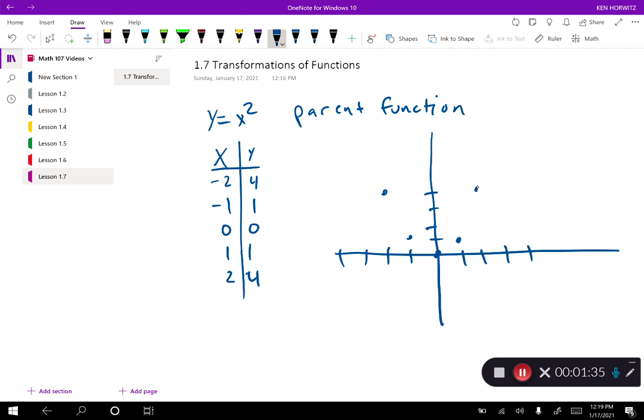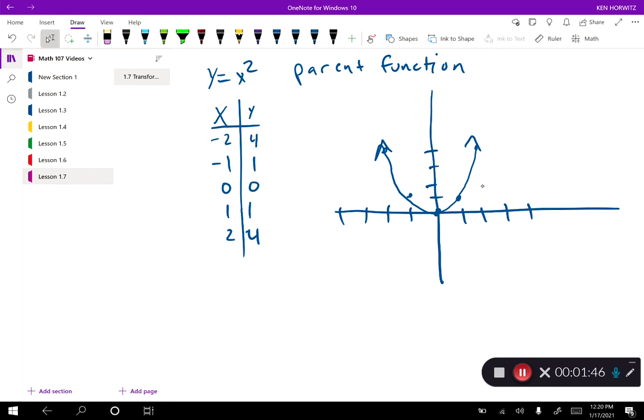And then I'm going to, all right. So the question is, what happens if I say y equals x squared, let's say plus 3? Do plus 3. That's enough.